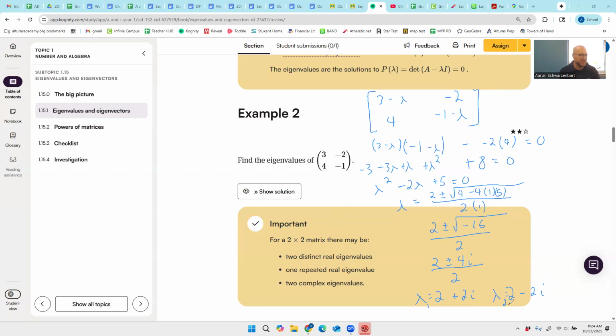When we start doing eigenvectors, I believe in the next example, it does not matter what order you put the eigenvalues in, but the eigenvectors have to correspond to the eigenvalues.